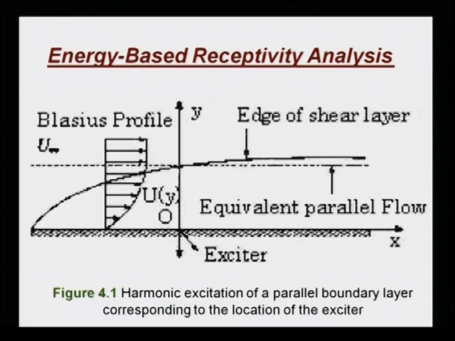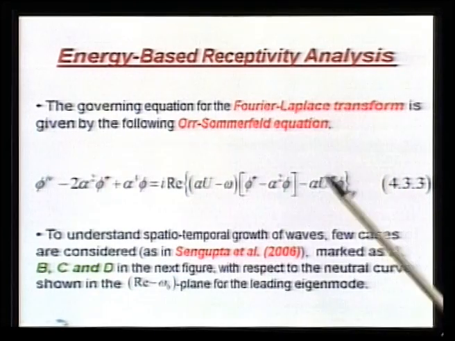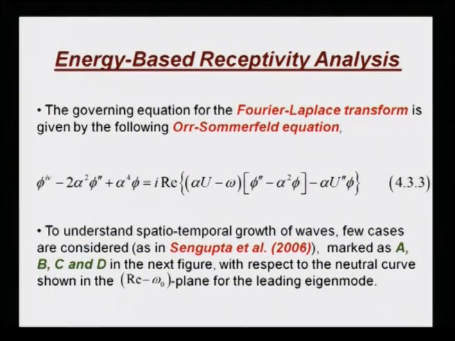We have already recounted what happens when we look at the spatially unstable system, where we looked at the Fourier-Laplace transform, again given by this Orr-Sommerfeld equation, and we now try to study this problem again.